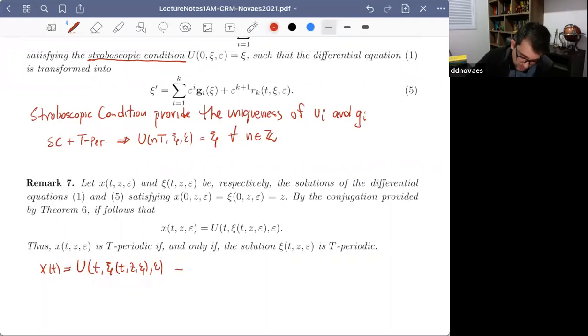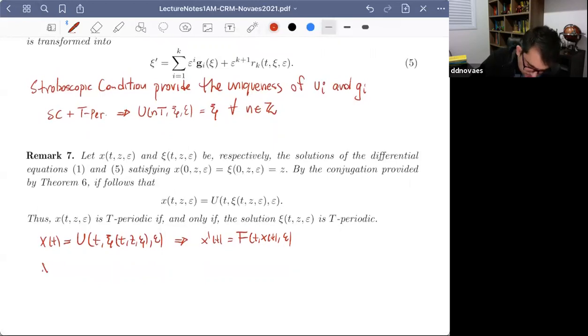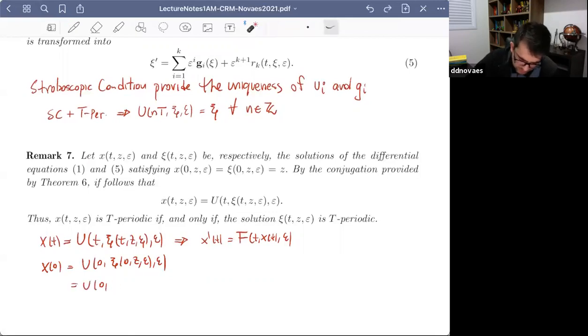So here we have that x prime of t is equal to f(t, x, epsilon). And the initial condition is equal to u(0, kc(0, z, epsilon), epsilon), which by definition, and from the stroboscopic condition, is equal to z. U(0, z, epsilon) is equal to z.